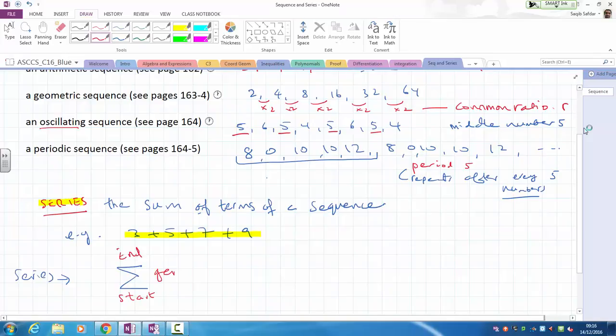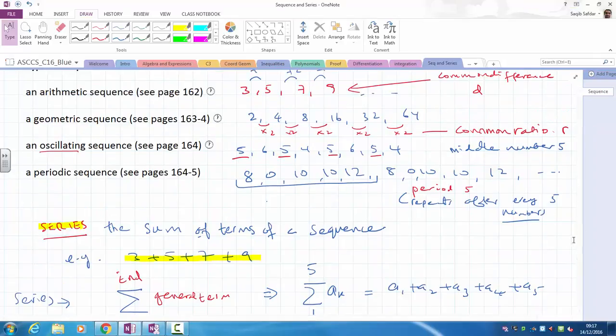And then this is your general term. So for example, if I've got something like this, a_k, and I write down 1 and 5, this means this equals a1 plus a2 plus a3 plus a4 plus a5. So I can use the sigma notation to express a series.